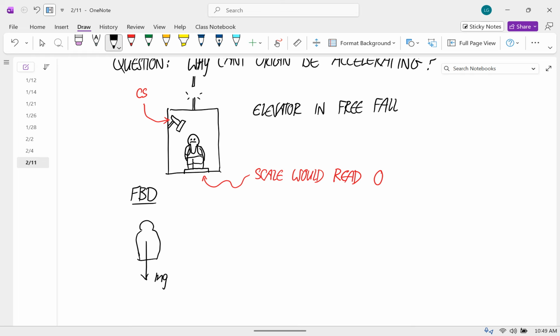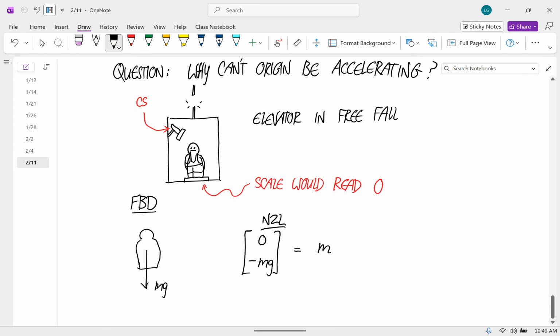And so now let's put this stuff into Newton's second law. The only force is gravity. And this is equal to the person's mass times. Now, think about what that camera sees as this horrible event is taking place.